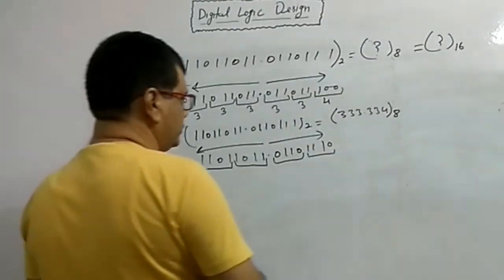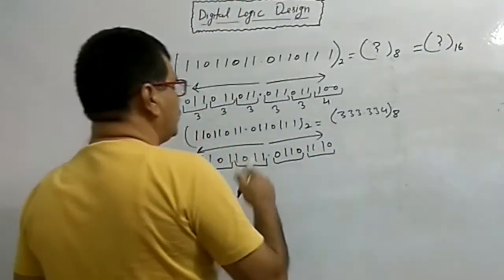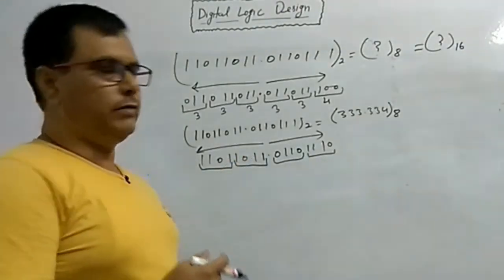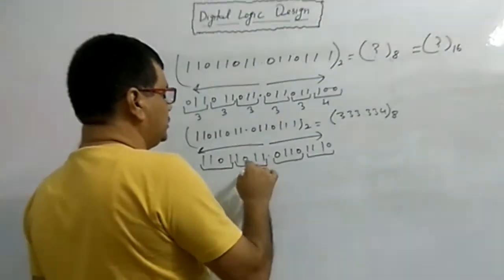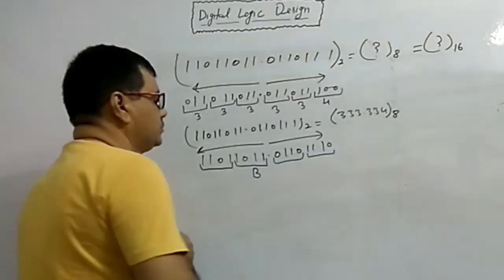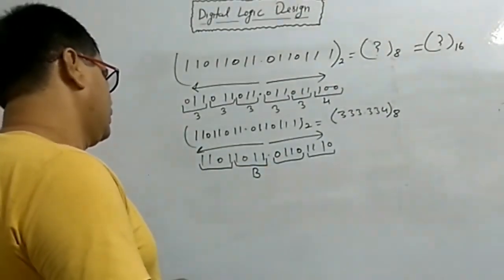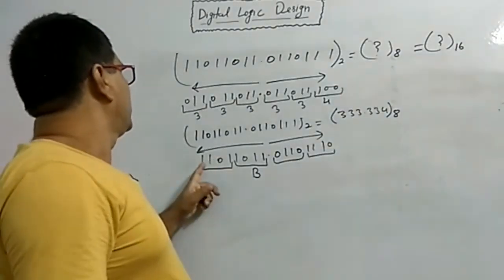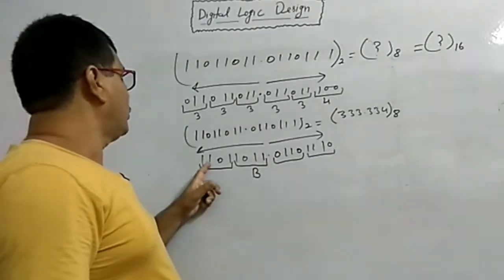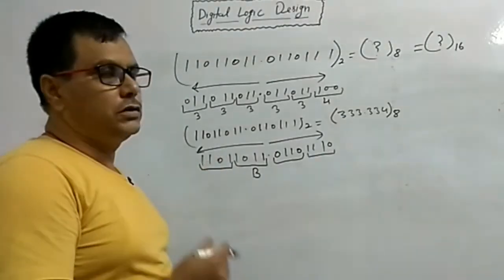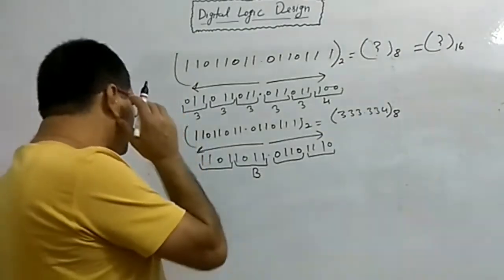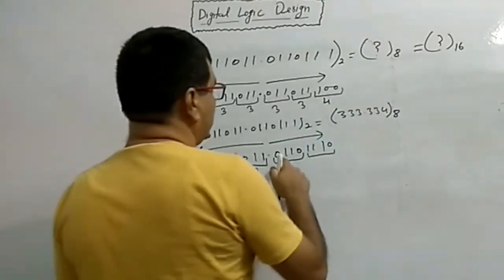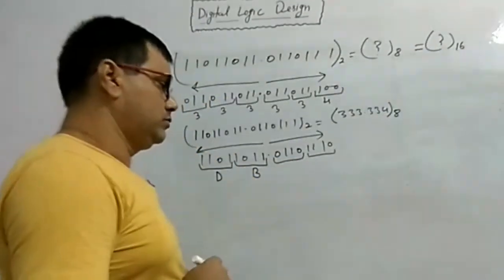And now what is this? 1011: 8, 2, 1 makes 11. 11 means B. Now 1101: 8 and 4 is 12, and 1 is 13. 13 means D. Again 0110.